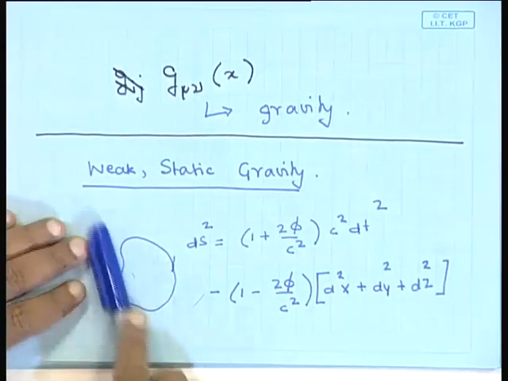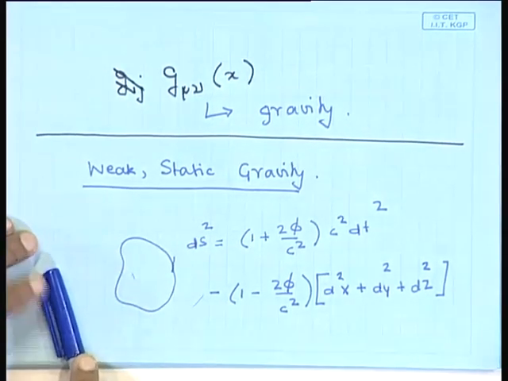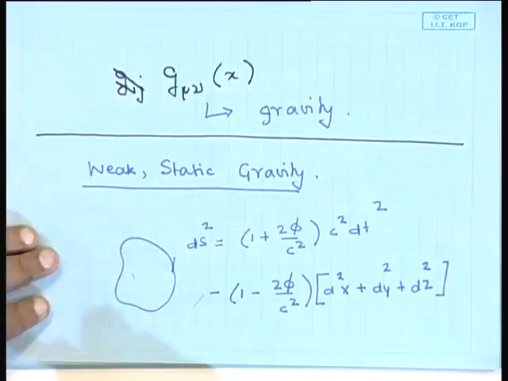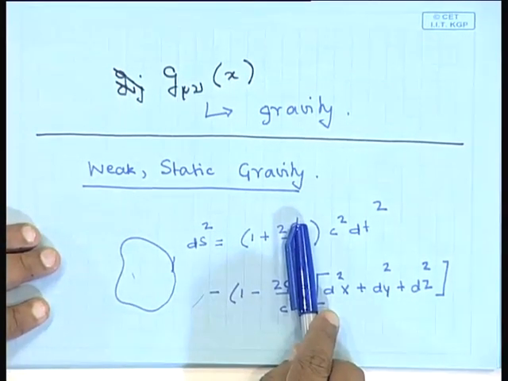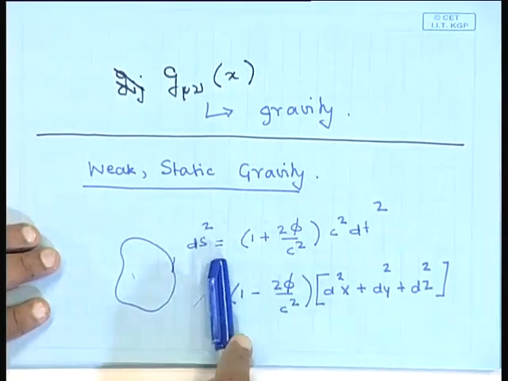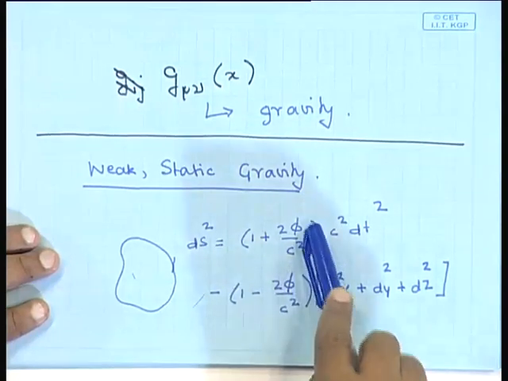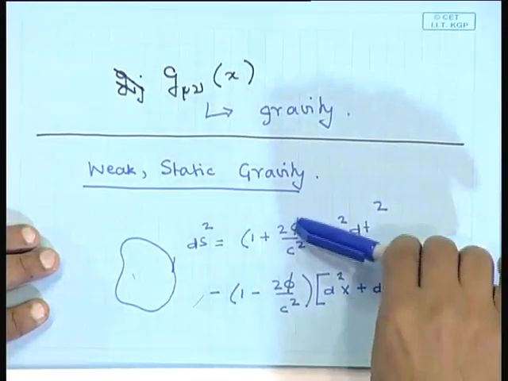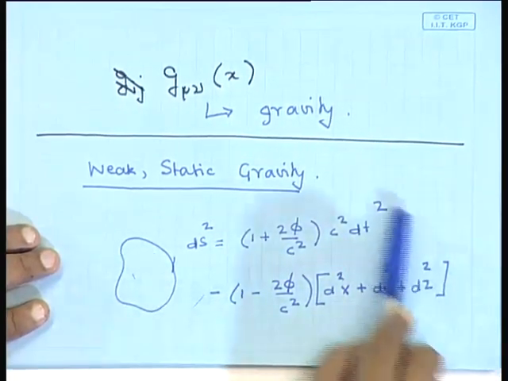Now, in the presence of a gravitational field, there is curvature in the space-time, and in the Newtonian theory, we represent the gravitational field by a gravitational potential. So that gravitational potential now appears in the metric. The familiar gravitational potential is this phi that occurs over here in the metric of a curved space-time.